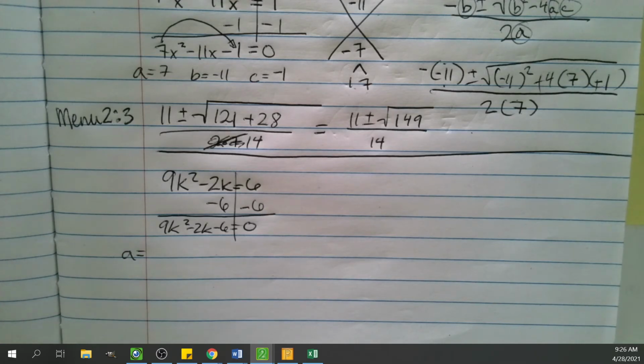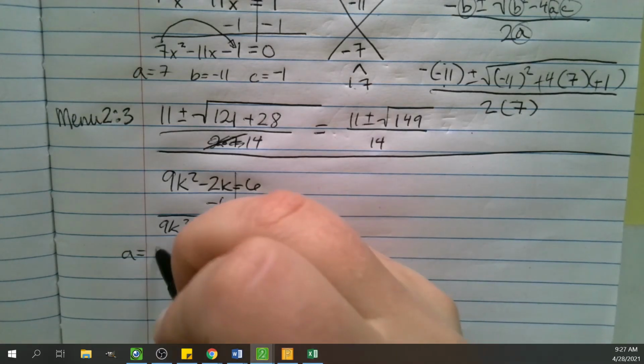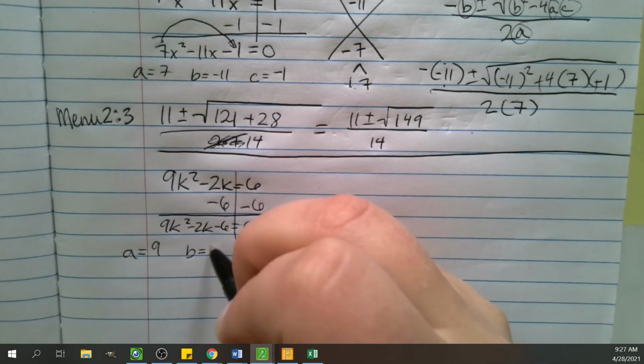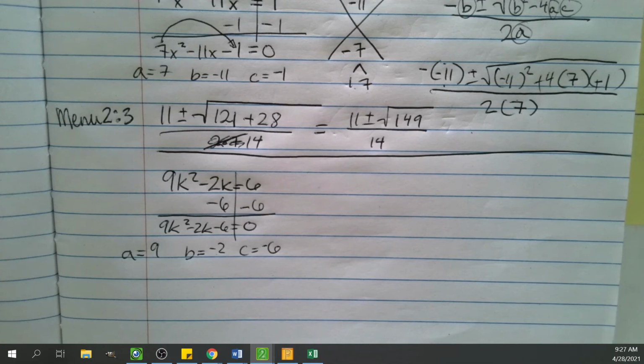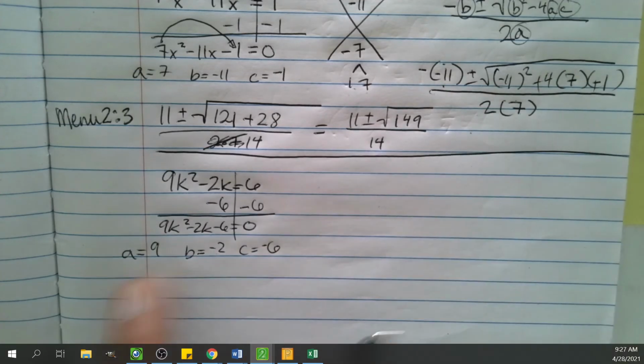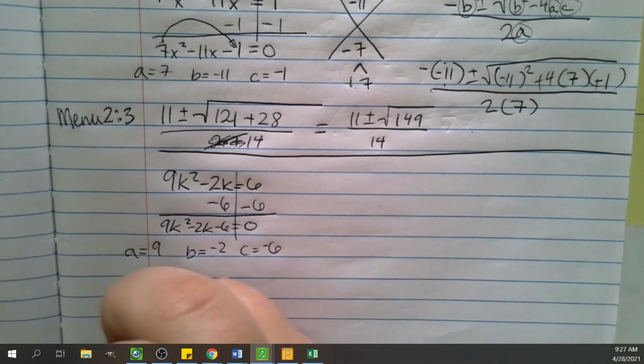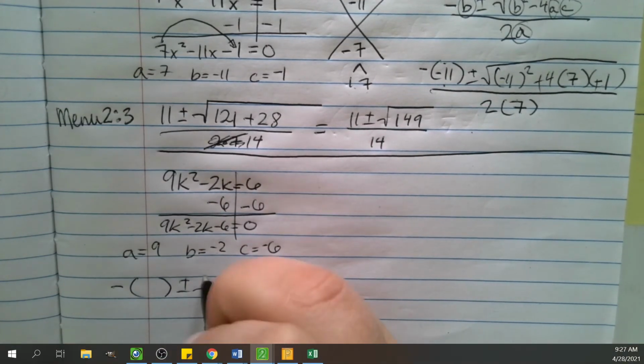Good. Okay, now what do we do, y'all? Same formula. We're just going to plug in. Opposite parentheses plus or minus square root.